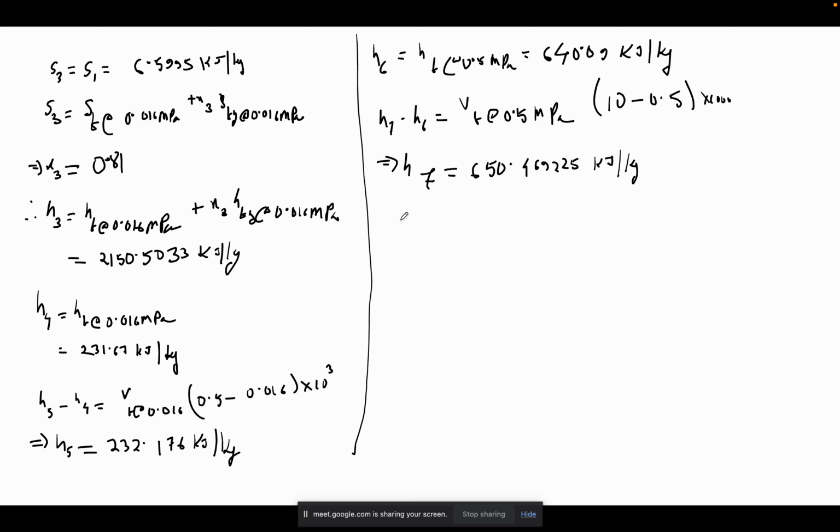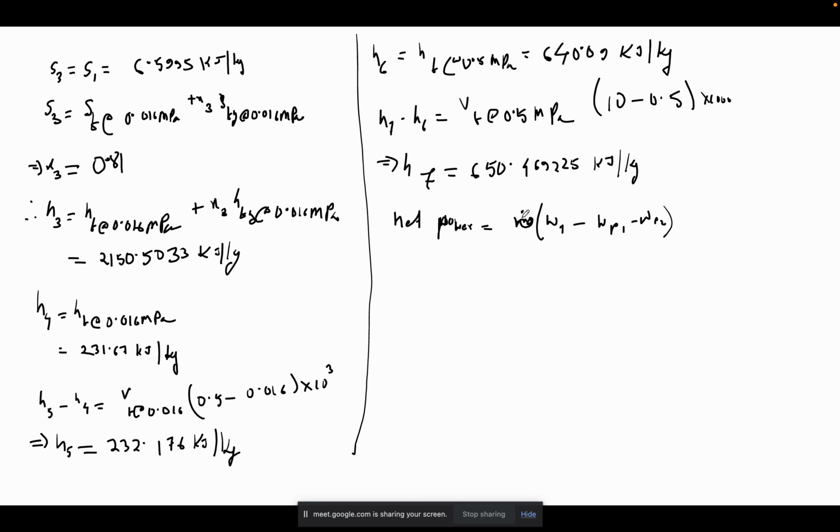Net power is what? M dot times W turbine minus W pump 1 minus W pump 2. Okay, so that will be the mass flow rate.